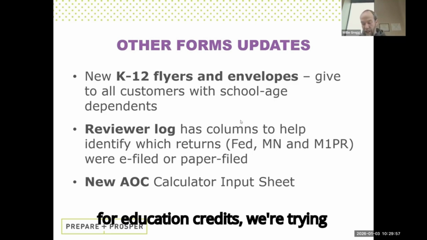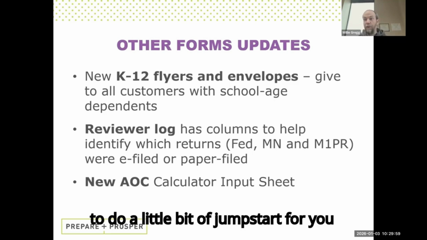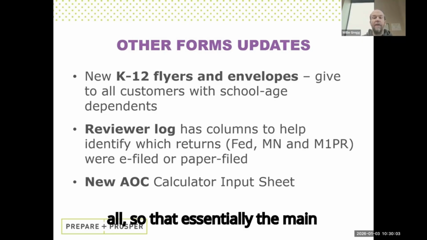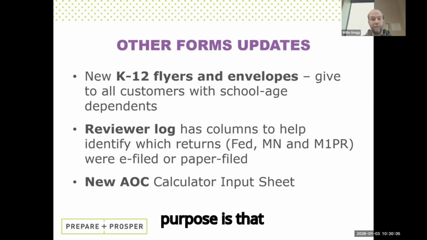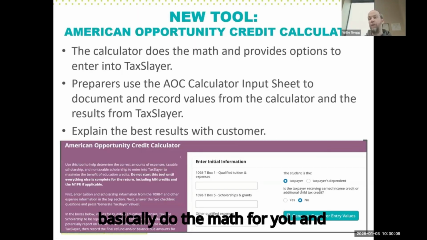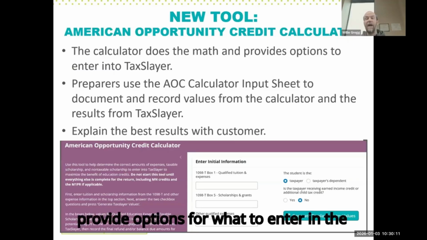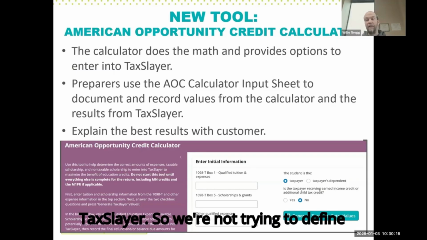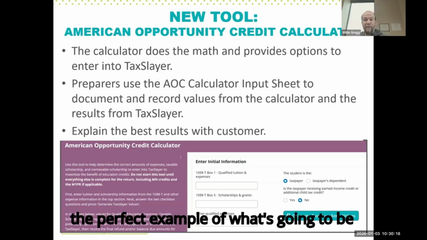So for education credits, we're trying to give you all a bit of a jumpstart. The main purpose is that the calculator we have is going to basically do the math for you and provide options for what to enter into TaxSlayer. We're not trying to define the perfect example of what's going to be best.